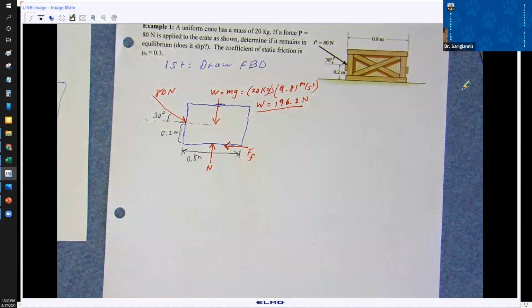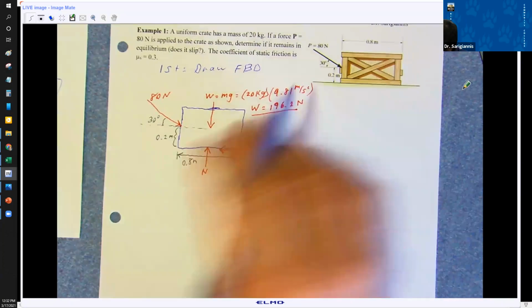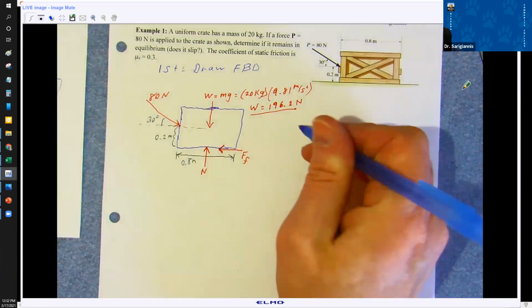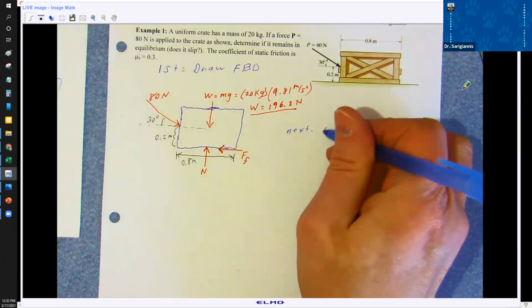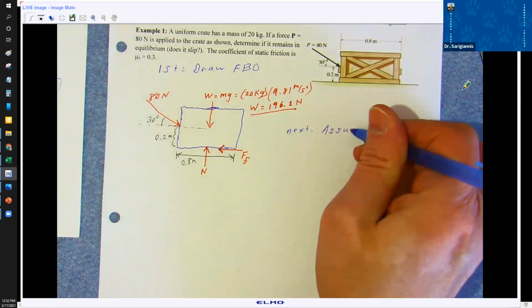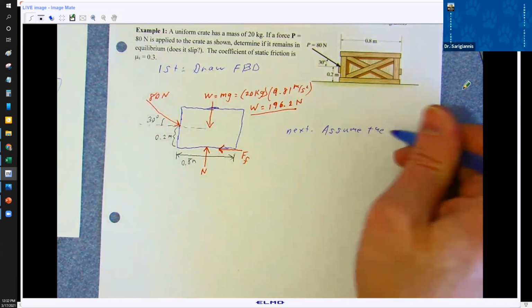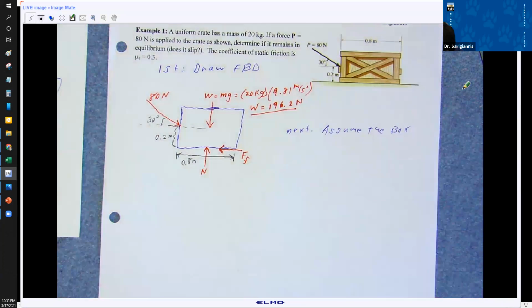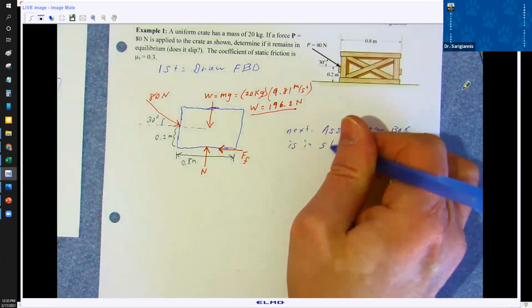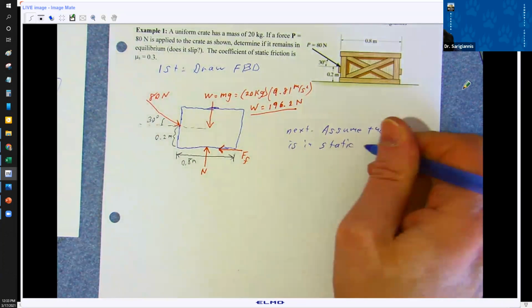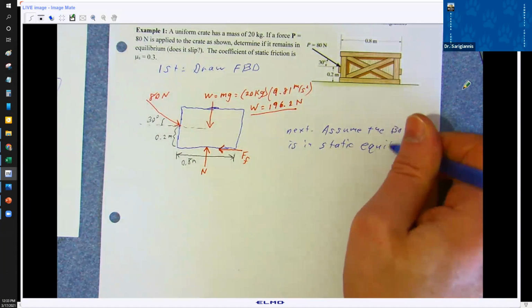So after the free body diagram, next, assume the box or the crate is in static equilibrium.